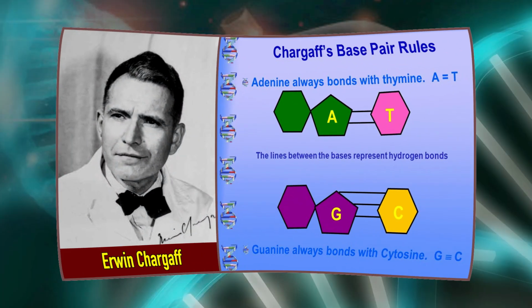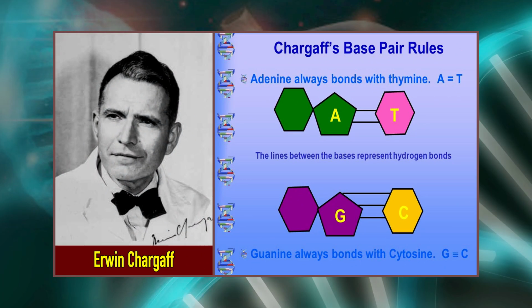Polynucleotide chain of deoxyribonucleic acid, that is DNA. In 1950, Austrian-born American biochemist Erwin Chargaff discovered that the components of DNA are paired in a 1:1 ratio. Thus, the amount of adenine is always equal to the amount of thymine, that is A to T.